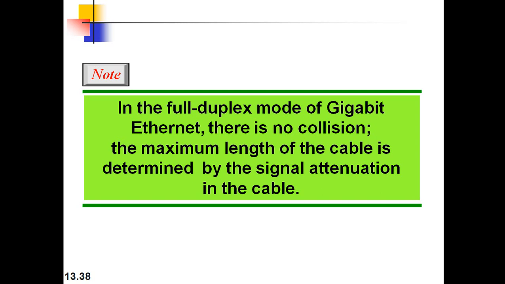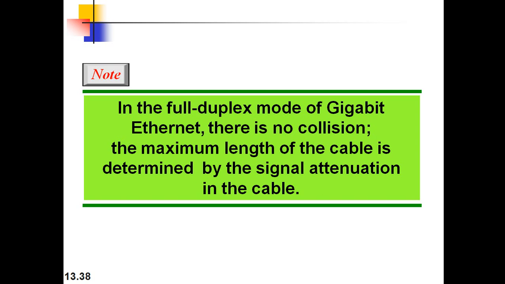The second approach we are using here is carrier extension. In carrier extension, we try to increase the minimum frame length. We increase that frame length to 512 bytes, which is 8 times longer than standard Ethernet.